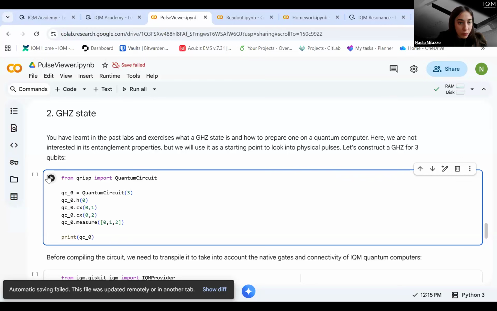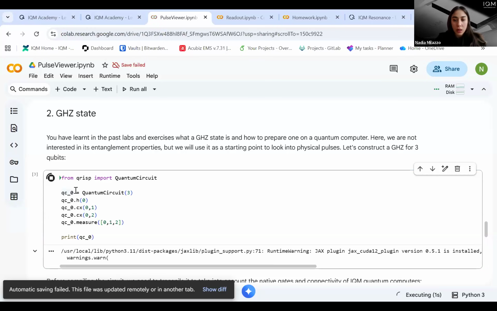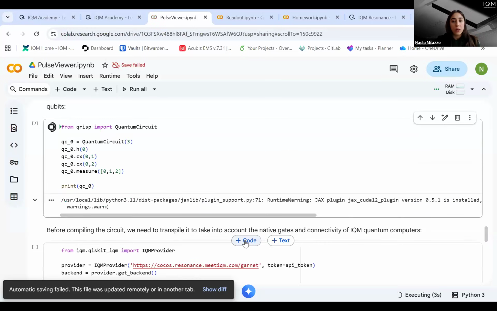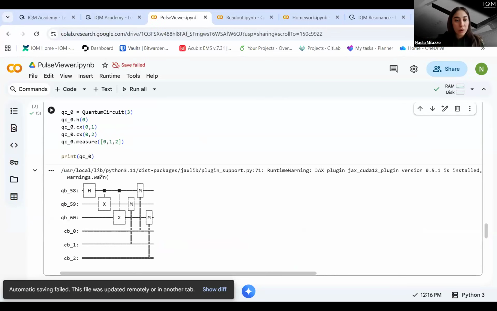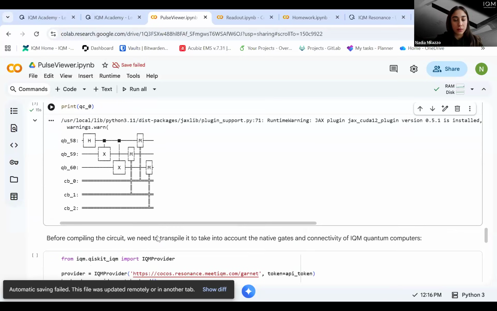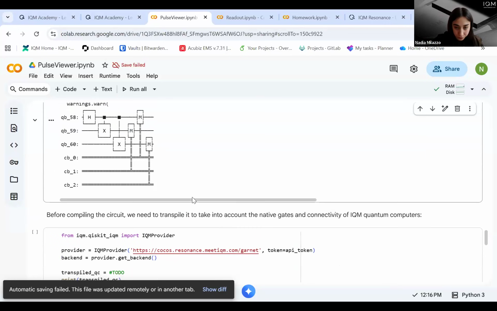Okay, let me see if everything went well. There is a runtime warning that I will ignore. And this print should give us the literal drawing of the circuit if we have prepared it well. Great, okay. So we see the Hadamard, the 2 CNOTs, and the measurement on all the qubits. So that looks fine.